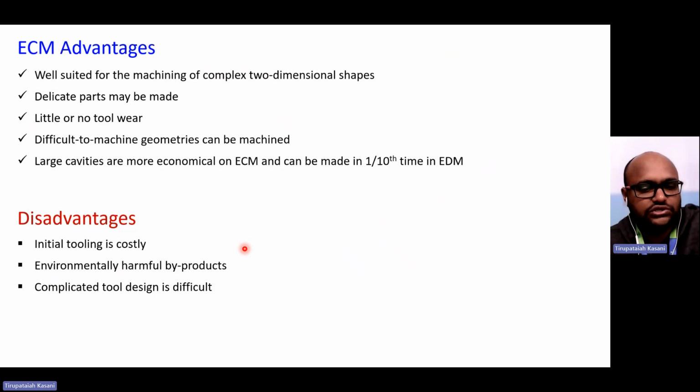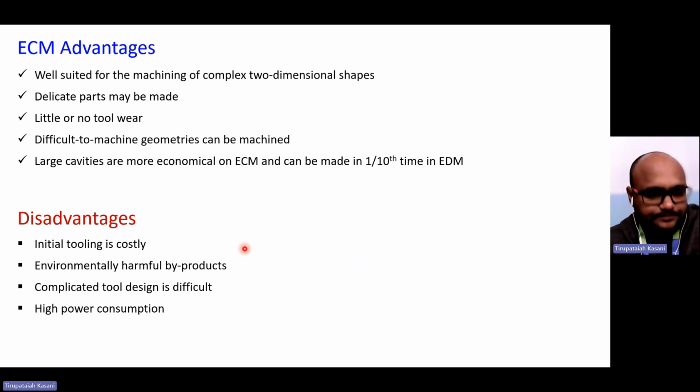The tool making cost is very high, and it takes more time for fabricating the ECM tool itself. That is the reason why complicated tool design is difficult. Why? Because of the flow of the electrolyte through it, that is one thing, and using the same tool for manufacturing a number of components, that is the second thing. These are the two disadvantages.